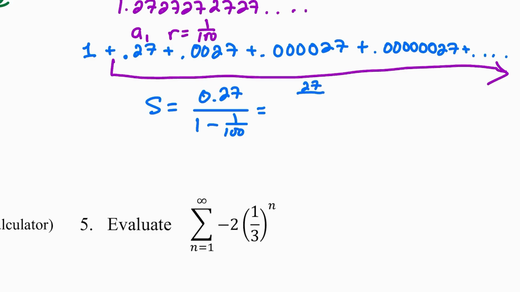So 27 over 100. And then if I subtract 1/100ths from 1, you end up getting 99 over 100. Since both the numerator and denominator are being divided by 100, you end up getting 27 over 99, which reduces down to 3/11ths.